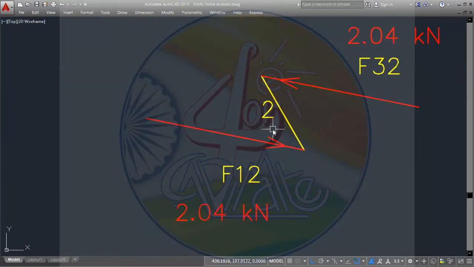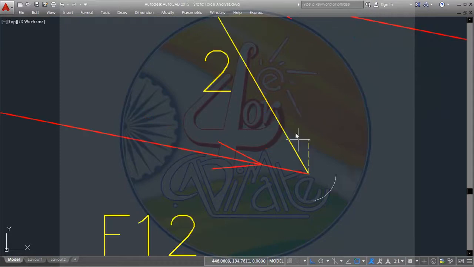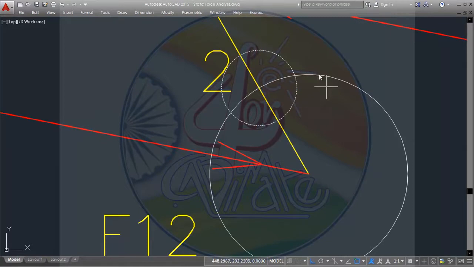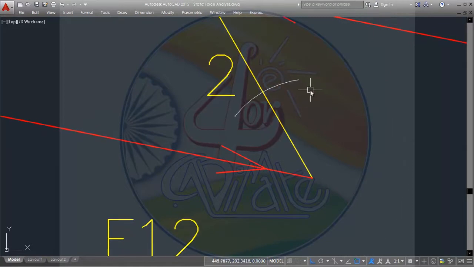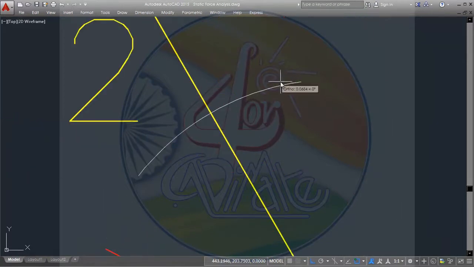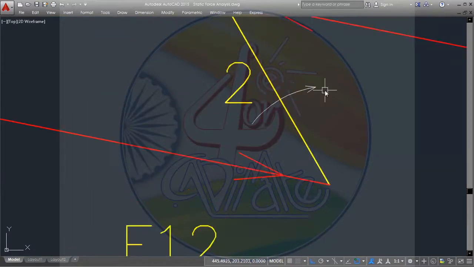Now these are the two forces, exactly opposite, equal in magnitude, but opposite in direction. So this will create a couple. To balance this, we need another couple. Correct? So let's take a force in this direction. Okay.